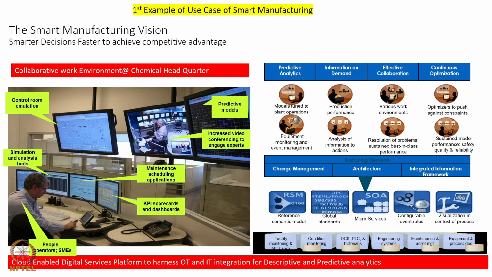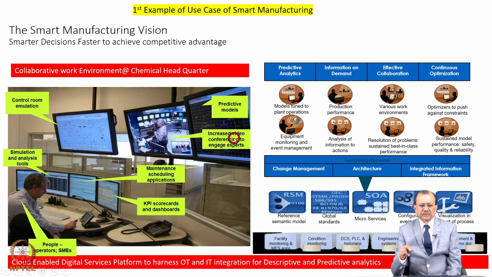Now, one or two examples I would like to share here. You are seeing a picture over here. You can see that one company wants to have smart manufacturing. First of all, they have developed a collaboration platform where you find the collaboration of predictive models.